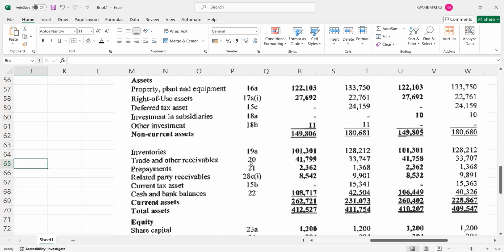We can go to note 20 to get some better details about it, but just focus on what we have here. So here is 41,758, and 2022 is 33,707. So I just take them.